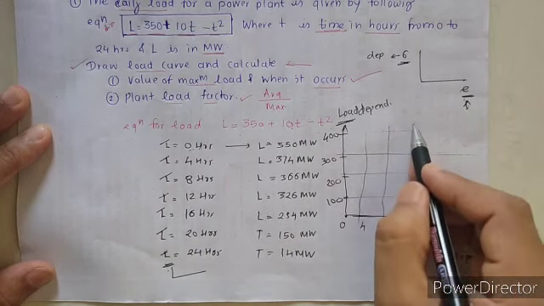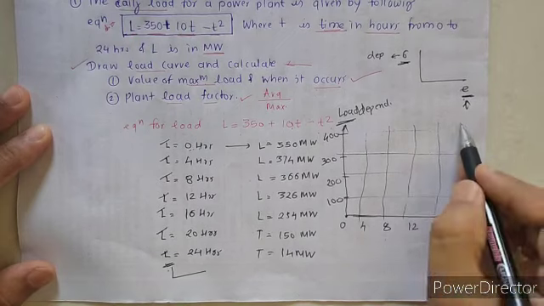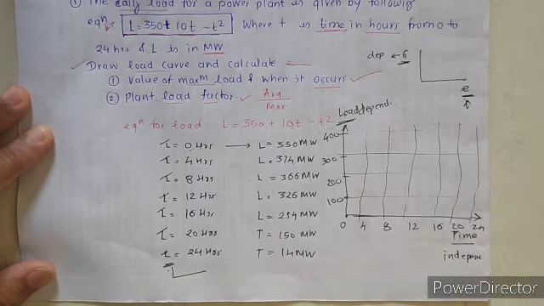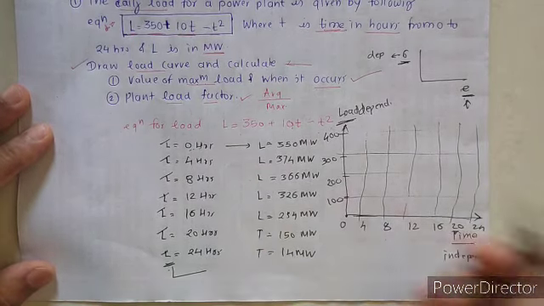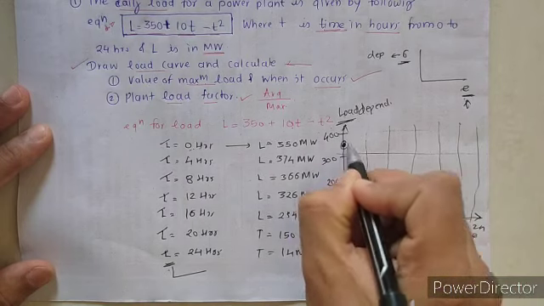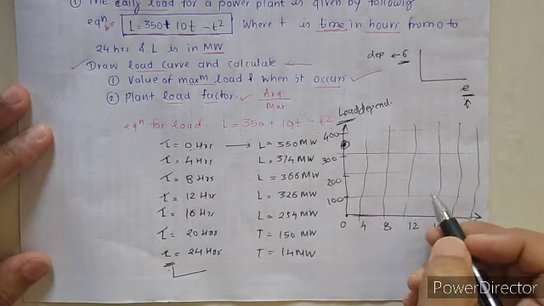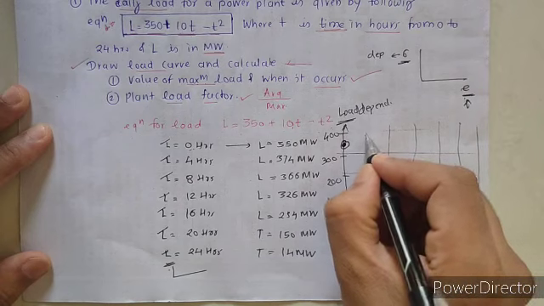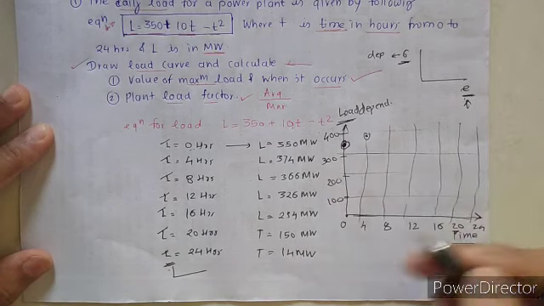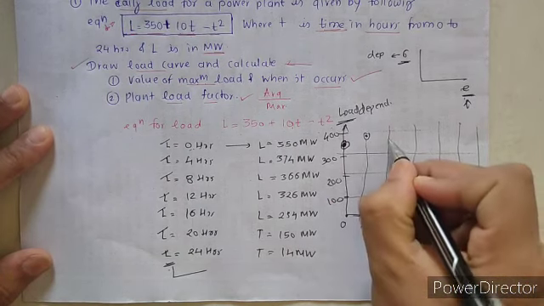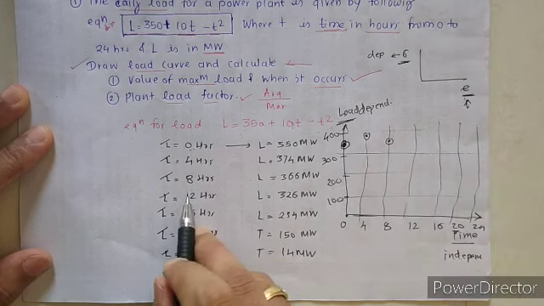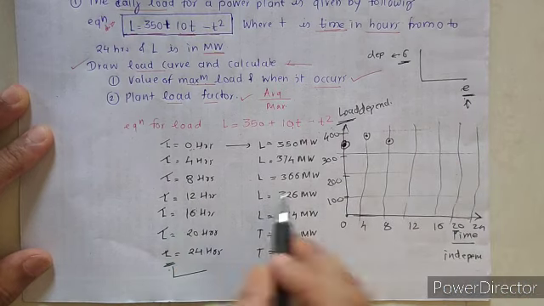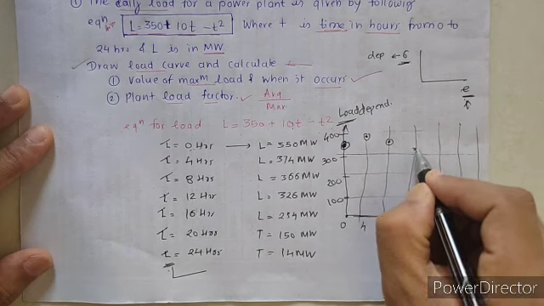Now we will plot the load versus time graph. At 0 hours the value of load is 350 megawatt. This will be the point. At 4 hours the value is 374, so the point will lie here somewhere. At 8 hours it is 366 megawatt. At 12 hours it is 326.